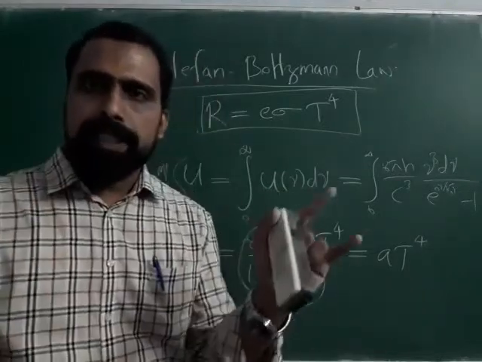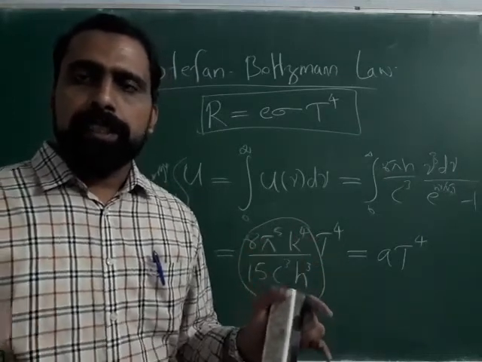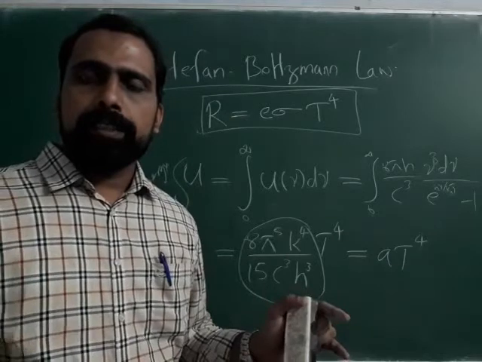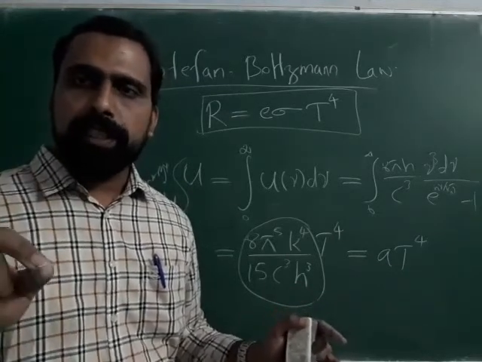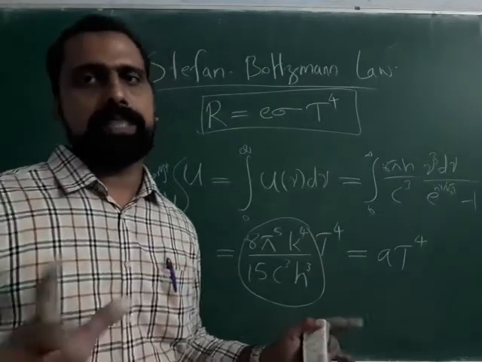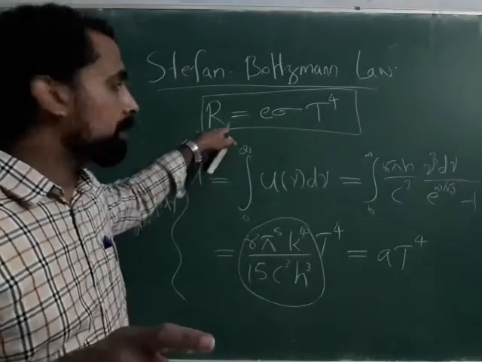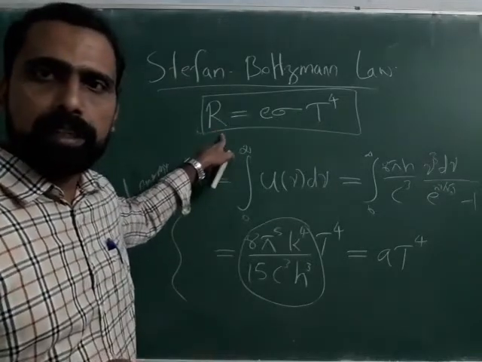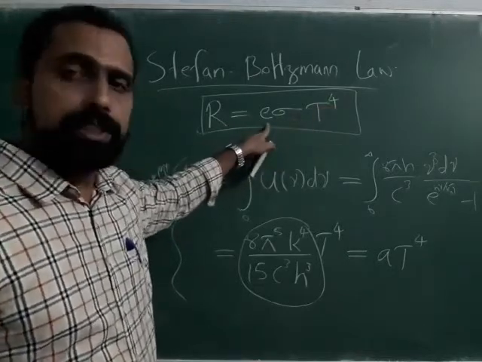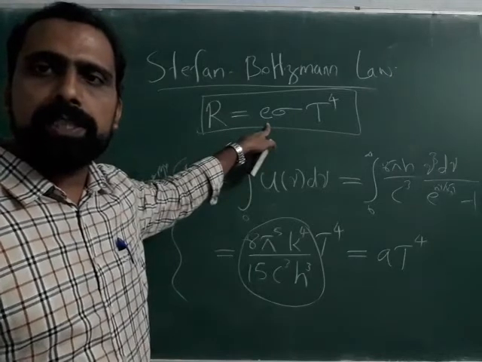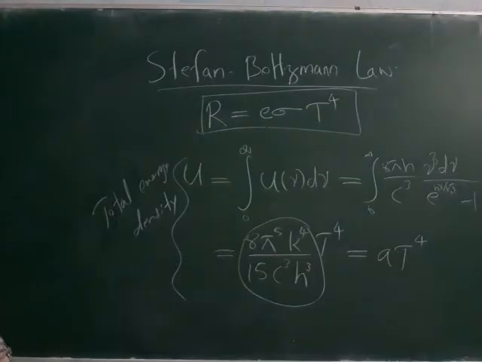If the total energy density is proportional to T raised to 4, that means the energy radiated by an object per second per unit area is also proportional to T raised to 4. Okay, so that is a simple concept, and the energy radiated is represented by capital R, equal to E sigma T raised to 4, where E is called the emissivity, and sigma is called the Stefan-Boltzmann constant.